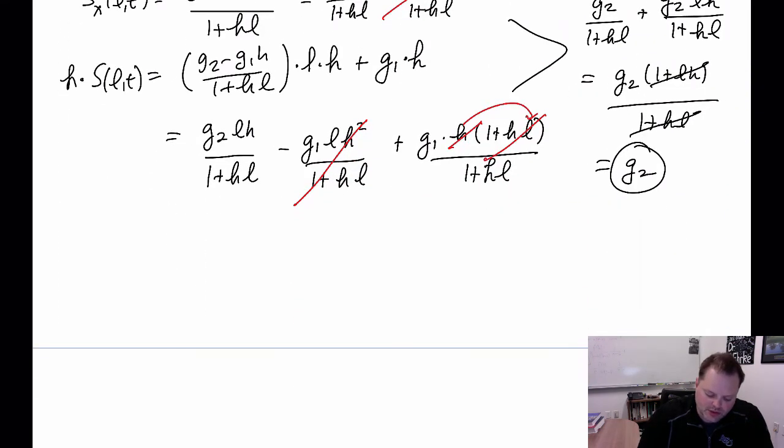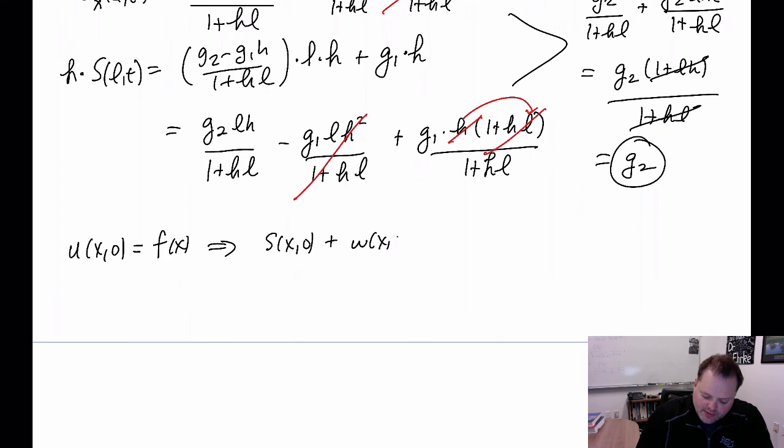So the initial condition here was u of x,0 equal f of x. That would say that s of x,0 plus w of x,0 would be equal to f of x, so my new initial condition would be w of x,0 is f of x minus s of x,0.